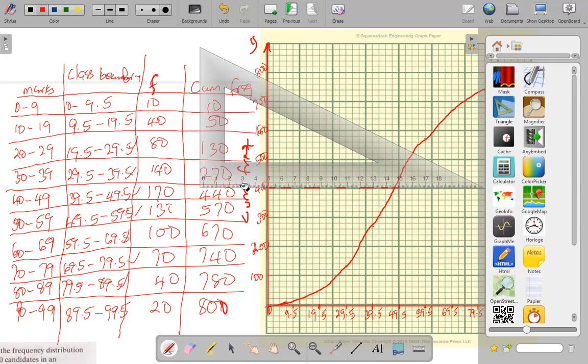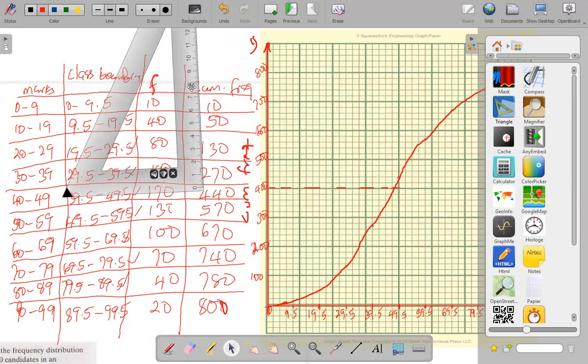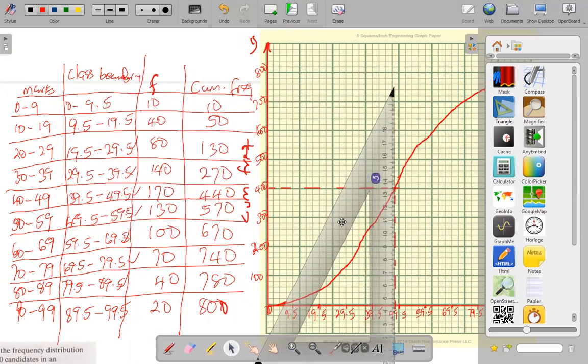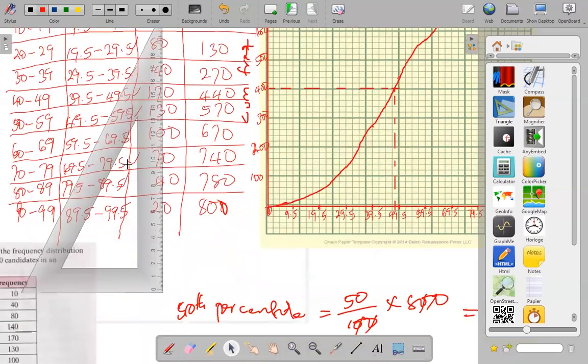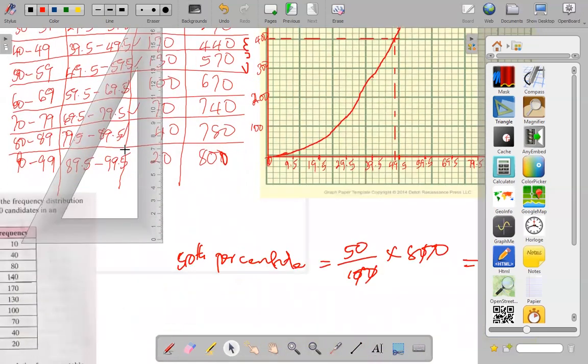At the point where I meet the curve, I will trace it to the x-axis. Then we'll read it off. This is 49.5, but our line is a bit below 49.5. So let's assume this is about 48 or thereabout. Just take a rough estimate. If you're using graph paper, you should be able to get a precise value. So I'm going to assume that to be 48.5 or thereabout.